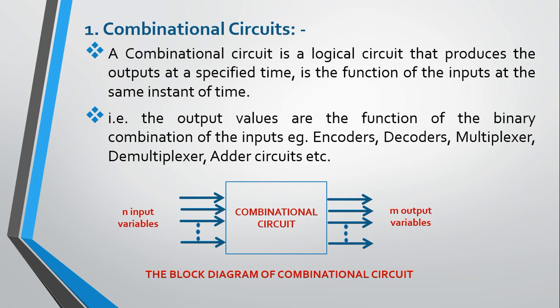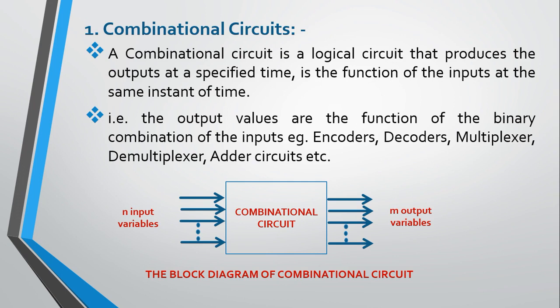Up till now whatever circuits or logic gates we have drawn are part of the combinational circuit only, because we have used different types of logical circuits to produce output.